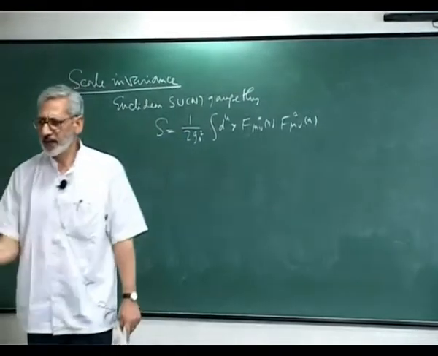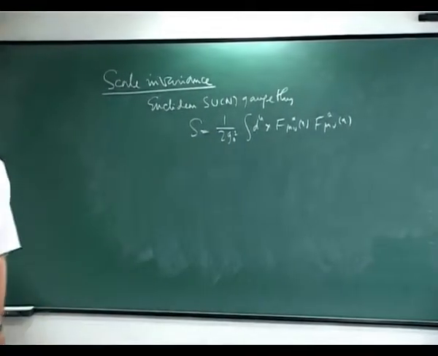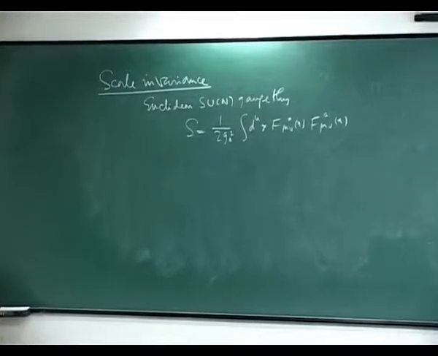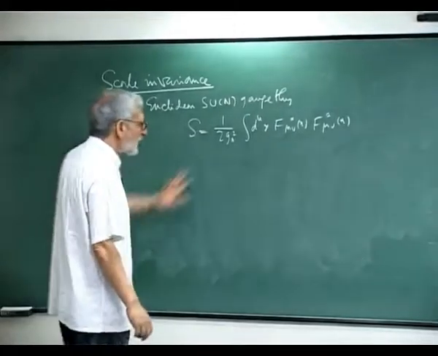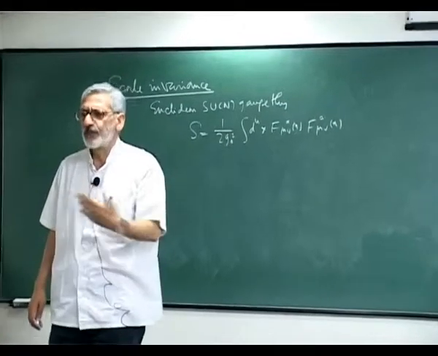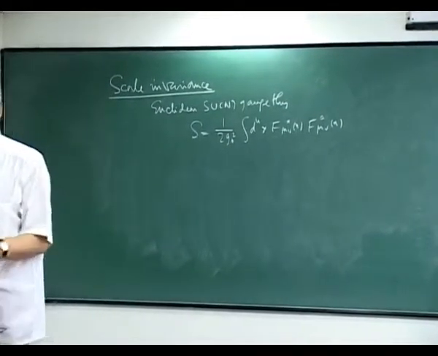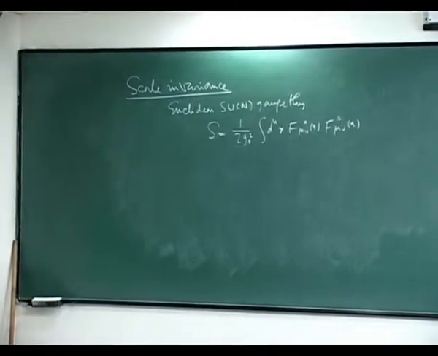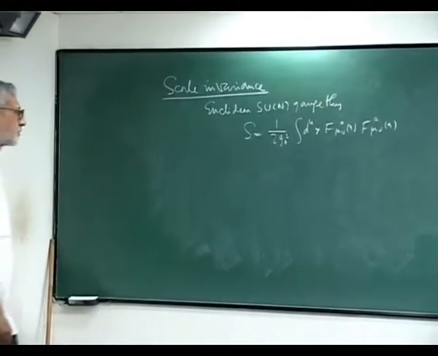Euclidean and Minkowski doesn't make any difference, but we are doing Euclidean, so keep those conventions for this discussion. Let me not add matter to it, but if you add massless matter to it, the properties I'm going to describe are going to be valid. But let's analyze only pure Yang-Mills theory.